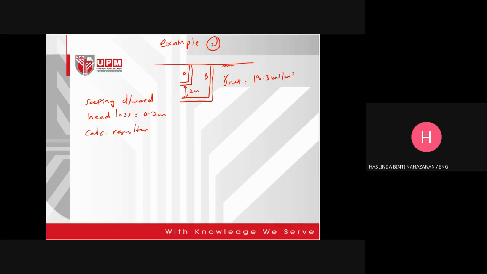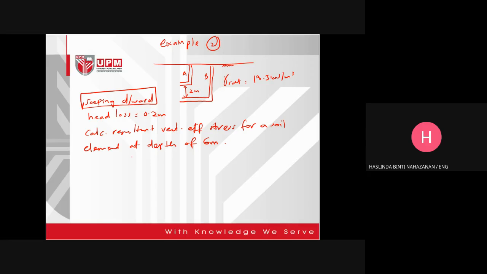The question asks to calculate the resultant vertical effective stress for a soil element at depth of 6 meters. So this is seeping downward.